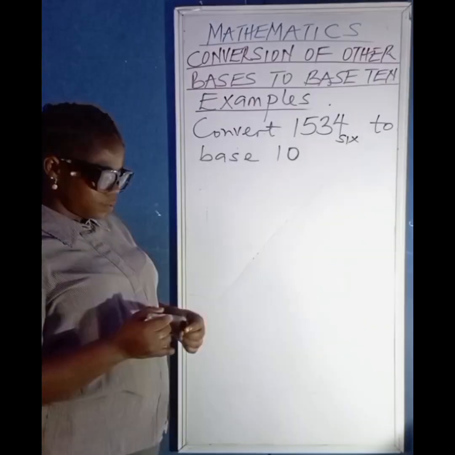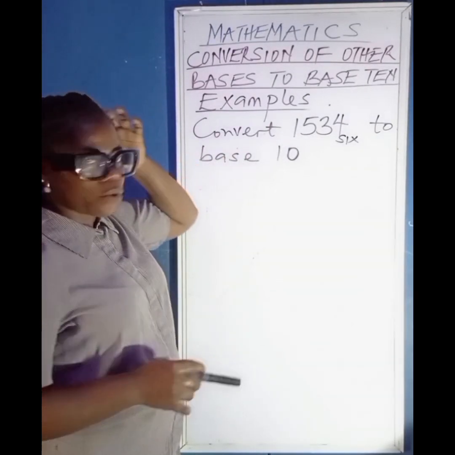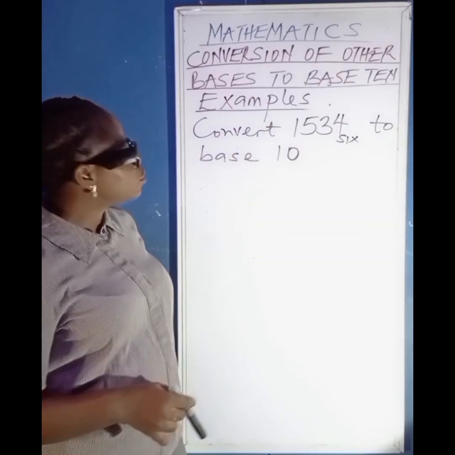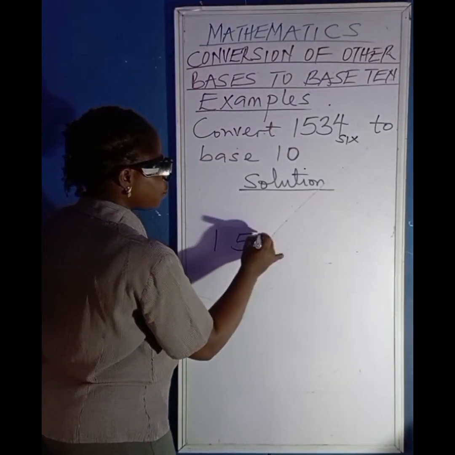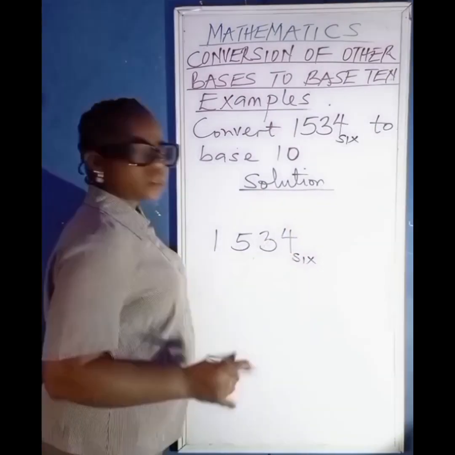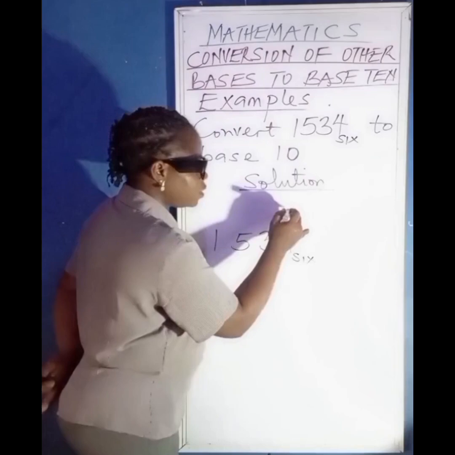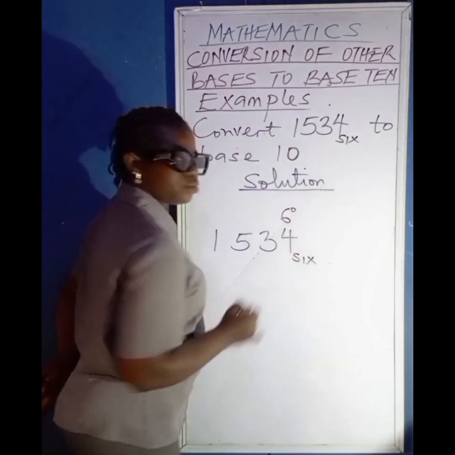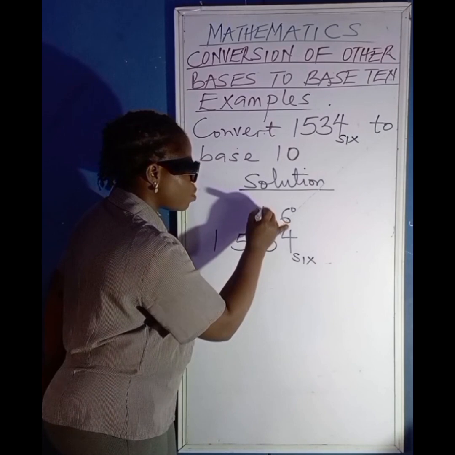Let us look at the conversion of 1534 in base 6 to base 10. 1534 base 6. The place value of this 4 is 6 raised to power 0. The place value of this 3 is 6 raised to power 1.